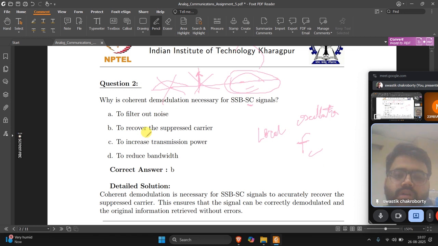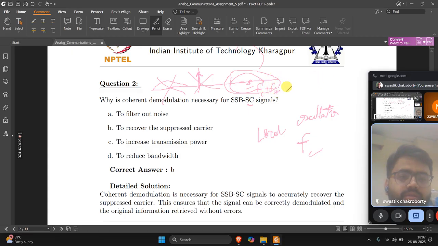If you don't give this exact frequency, you will not know what the exact carrier frequency is. This sideband is at Fc plus Fm.